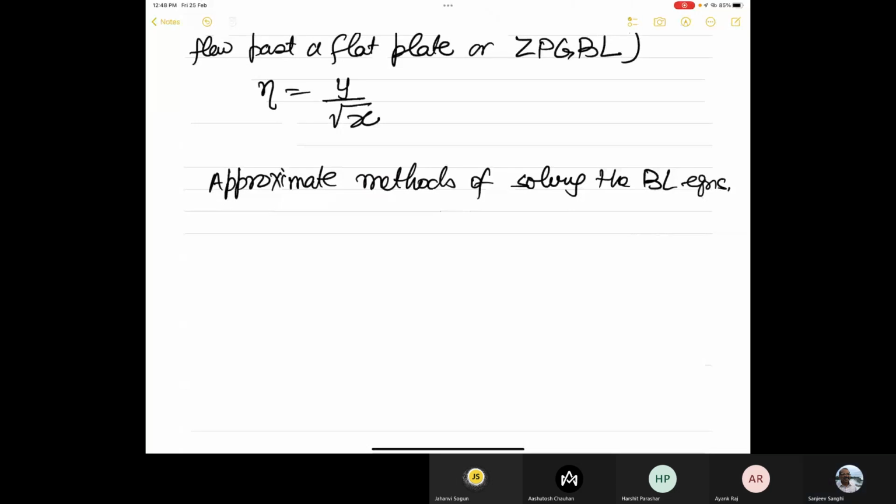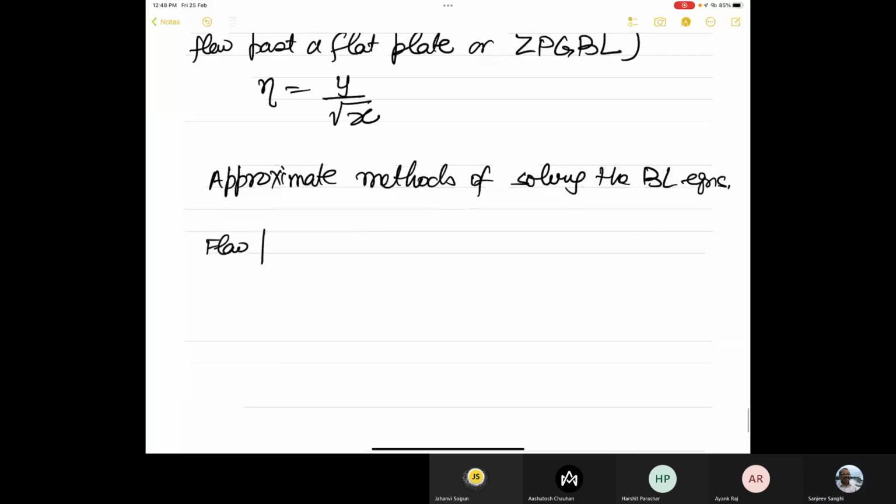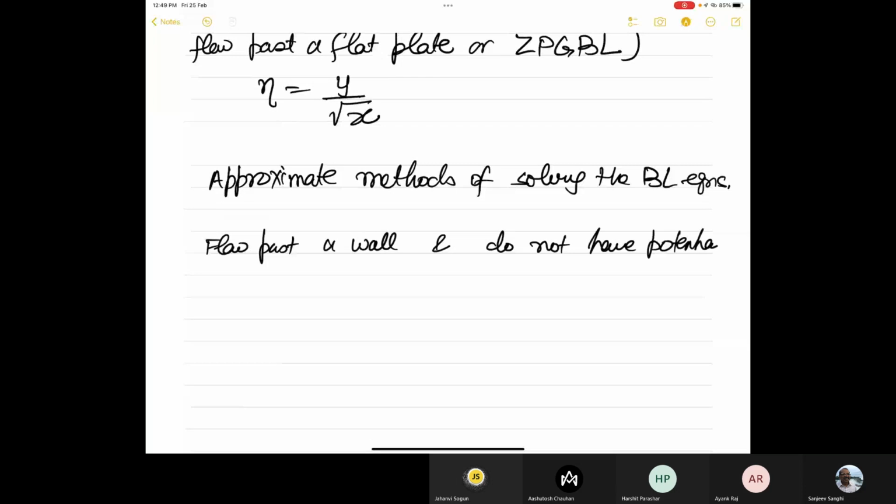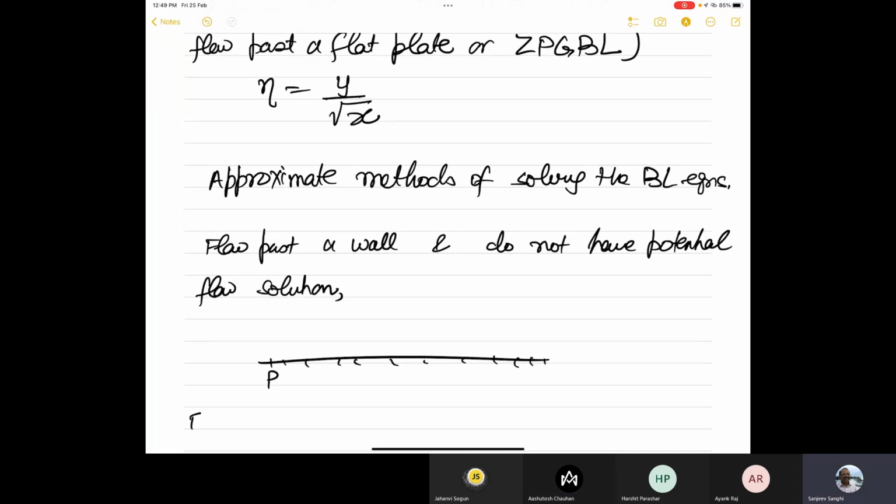One of the ways, if we have flow past a wall and do not have a potential flow solution, then sometimes what people do is on the wall, you find P of x experimentally.